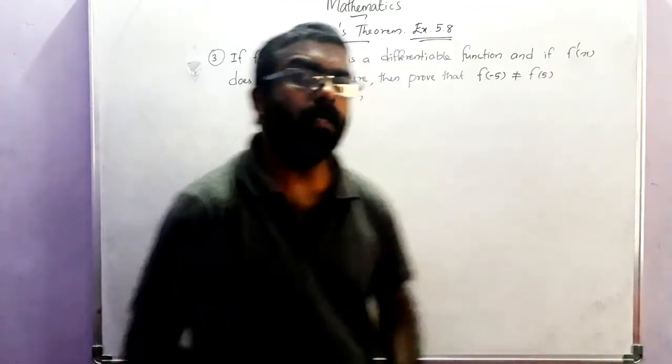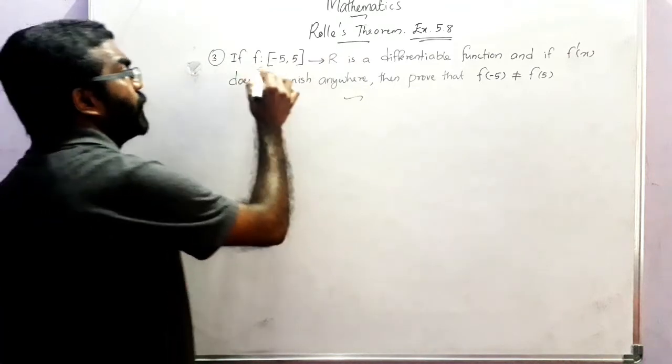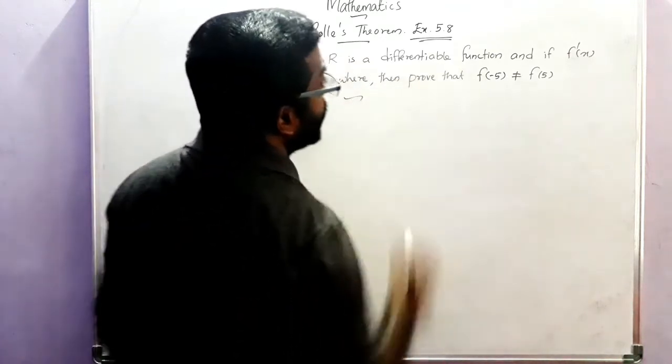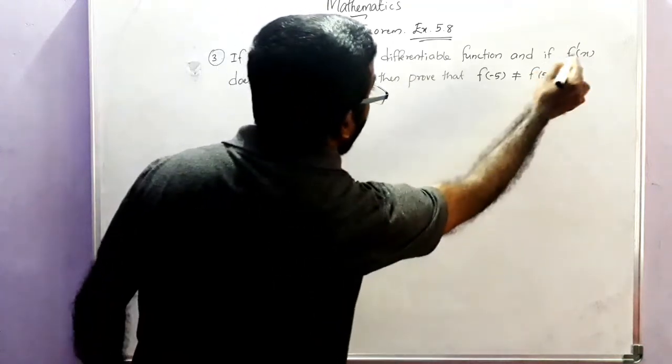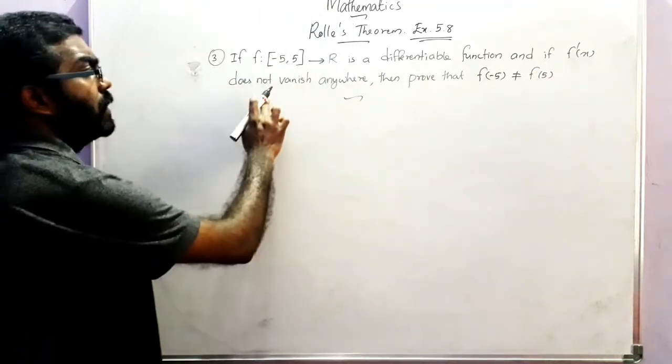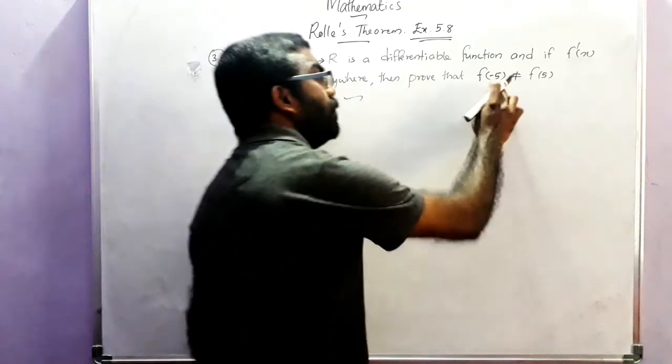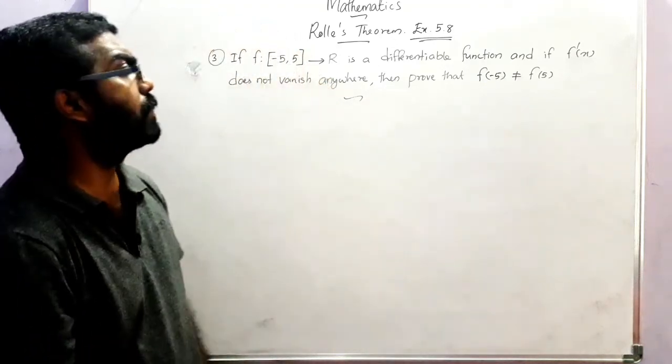Now we move on to the third question. If f from closed interval [-5, 5] to R is a differentiable function and if f dash of x does not vanish anywhere, then prove that f of minus 5 not equal to f of 5.